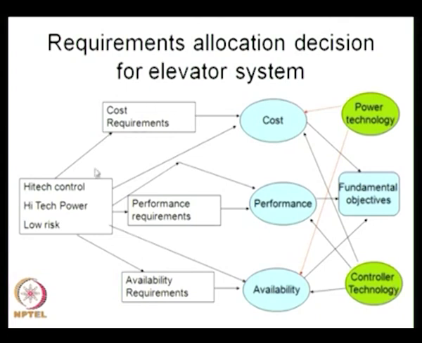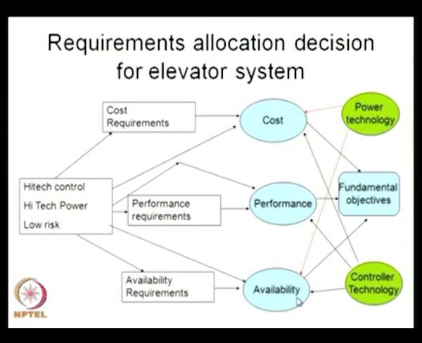What influences this particular decision is the cost requirement. So you can see here again there is a decision box, cost requirement, performance requirement and availability requirement. So any decision on the cost is actually a decision on the cost requirement. So the decision has to be taken based on the cost requirement, performance requirement and availability requirement. So these again become decision nodes.